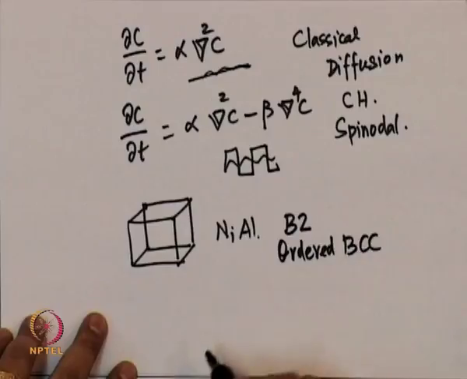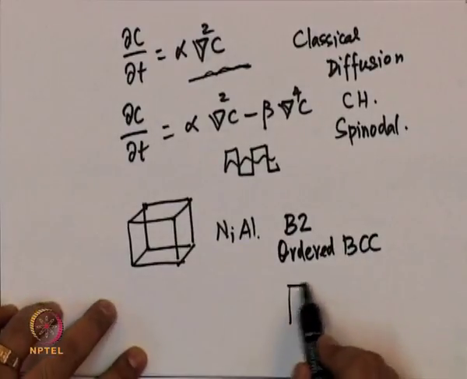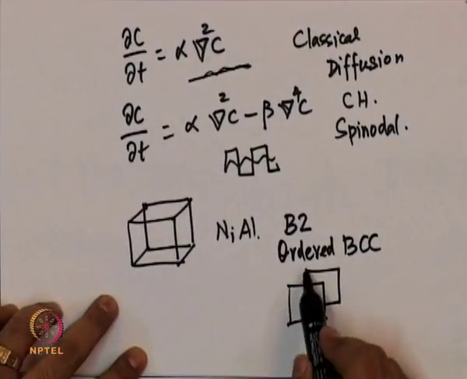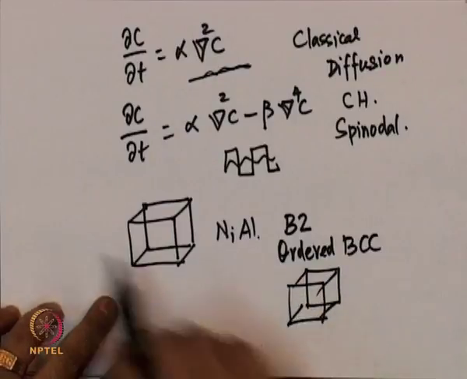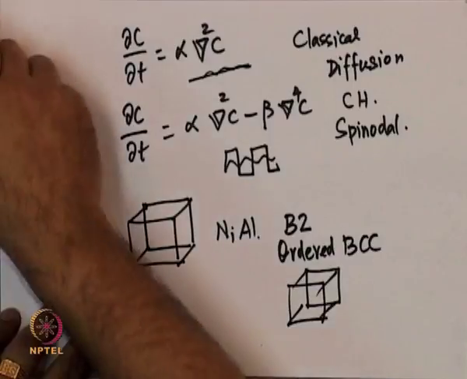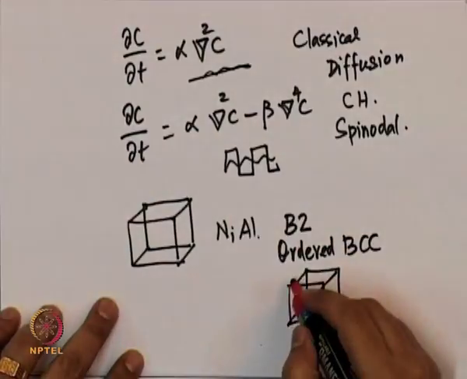Now what do we mean by ordered BCC? Suppose you take any system, and suppose it is BCC, and you take two types of atoms, say red atoms and blue atoms.